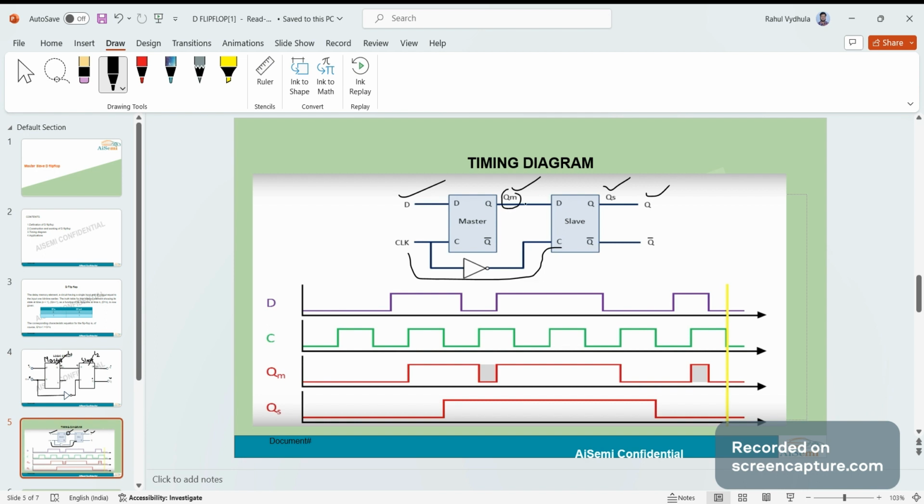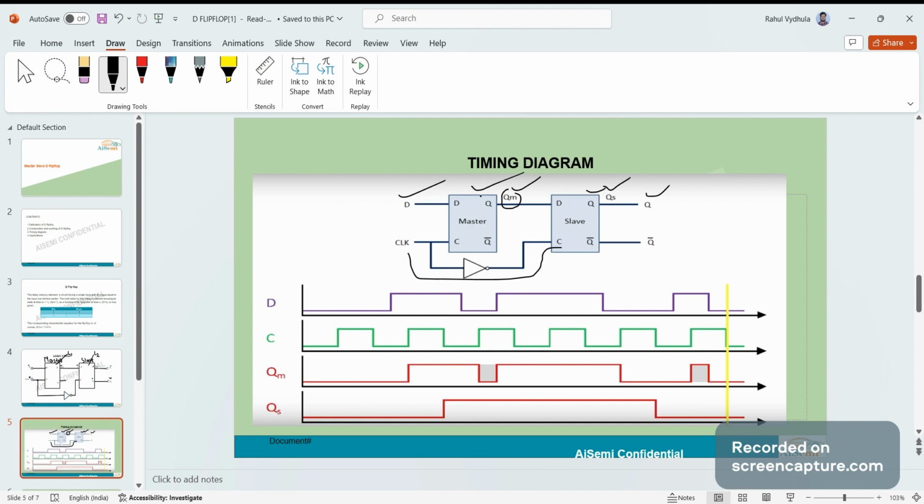For the master latch, for this input, this is the output, QM. And when it comes to QS, it is the Q output of the slave D latch.